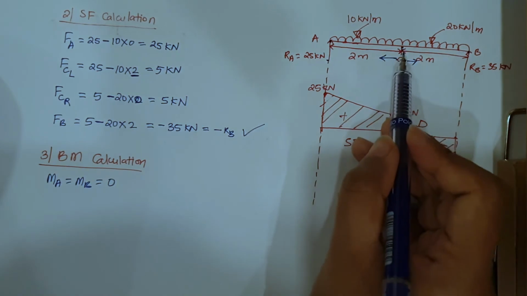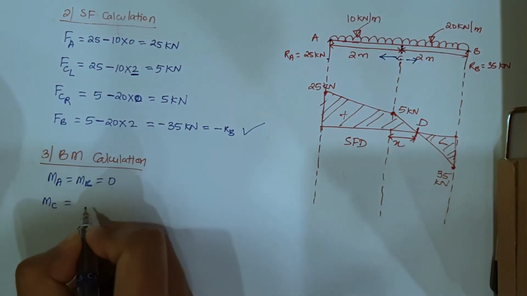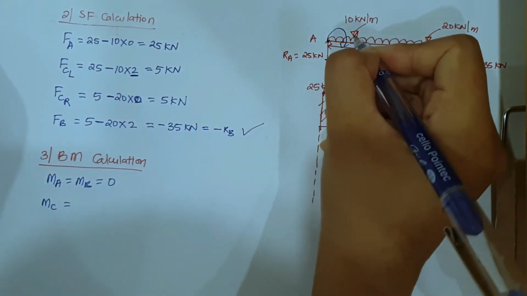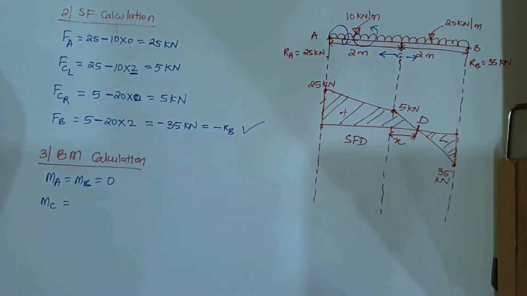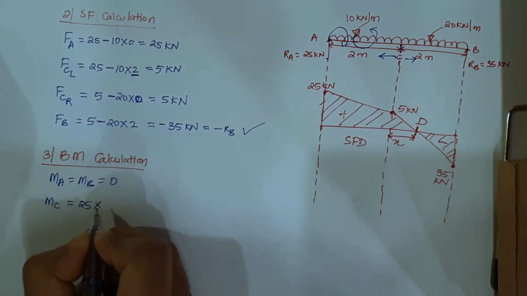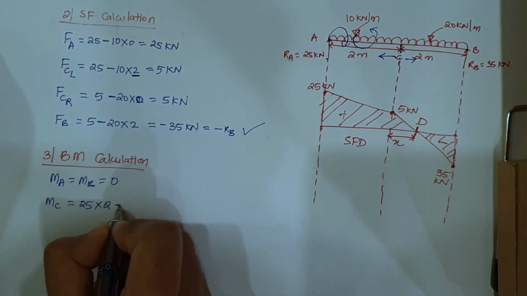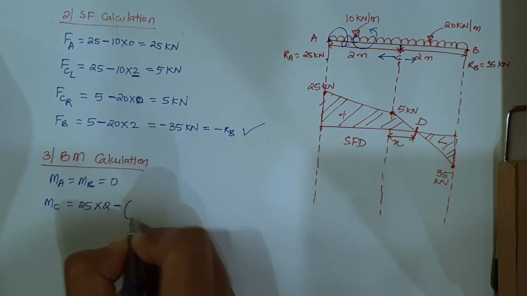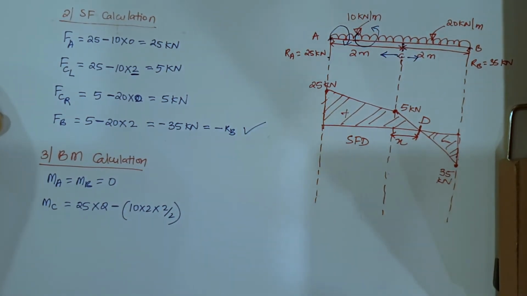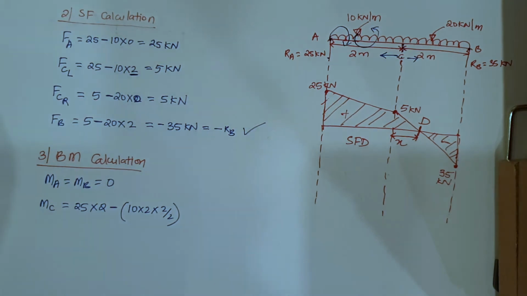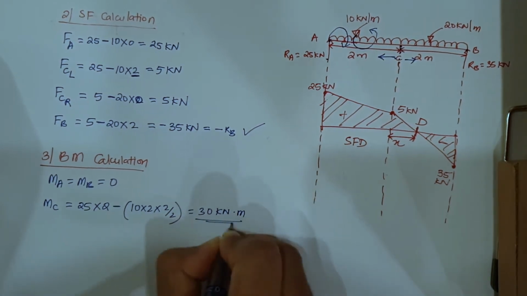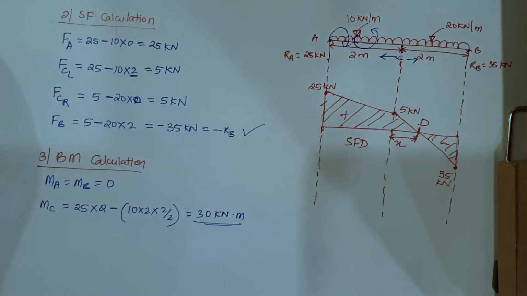Now moment at C will be equal to... how will RA go towards C? Clockwise. And how will this 10 kilonewton load go? In the anticlockwise direction. So RA is going clockwise, so it is positive 25 into the distance up to C, which is 2, minus the anticlockwise 10 into 2/2, right? Now from this you will get the moment at C as 30 kilonewton meter.